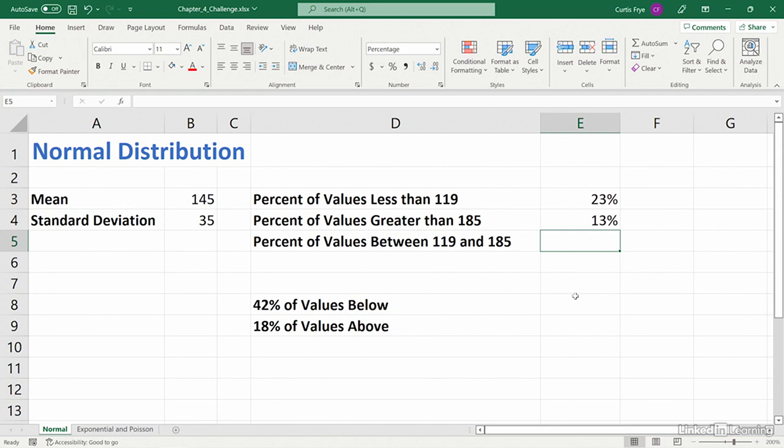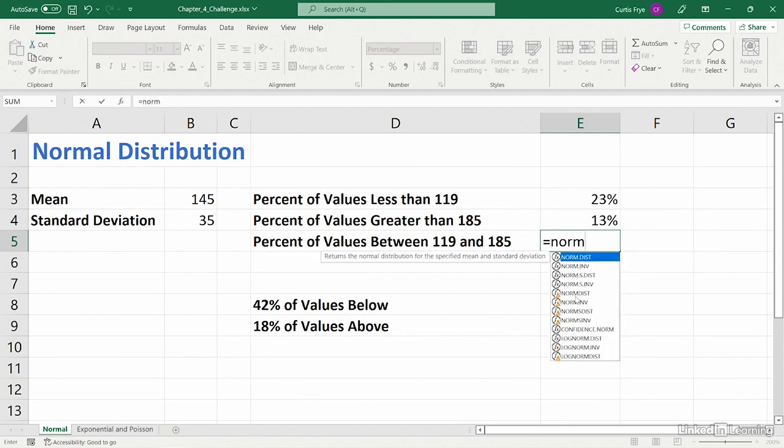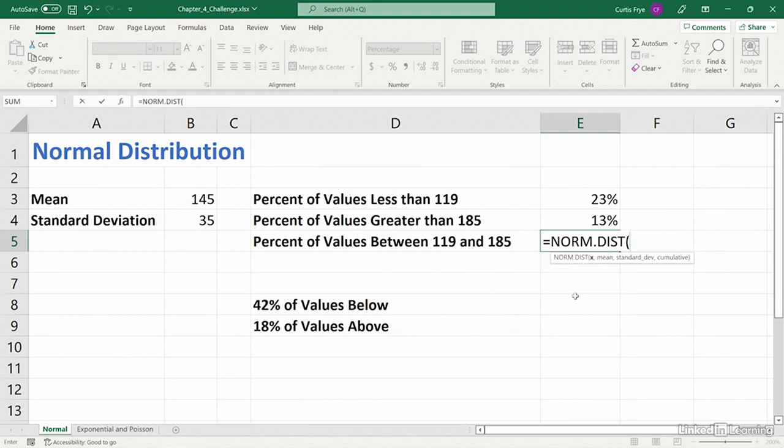Now we can calculate the percent of values between 119 and 185. So I'll type an equal sign. To perform this calculation, we need to find the number of values that are less than 185 and subtract the number of values or percent of values that are less than 119. So I will type norm.dist, and then we'll use the higher number first.